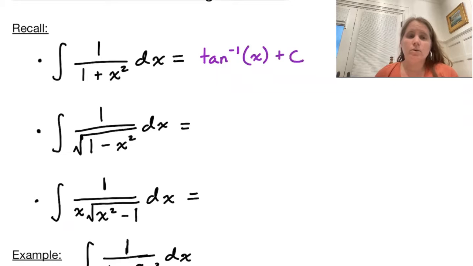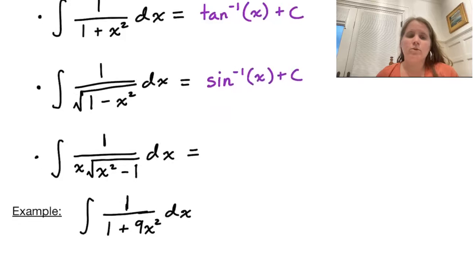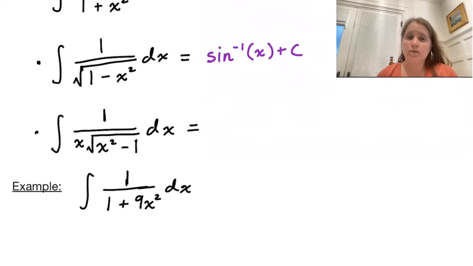The integral of 1 over the square root of 1 minus x squared dx is sine inverse of x plus c. And the integral of 1 over x times the square root of x squared minus 1 dx is secant inverse of the absolute value of x plus c.